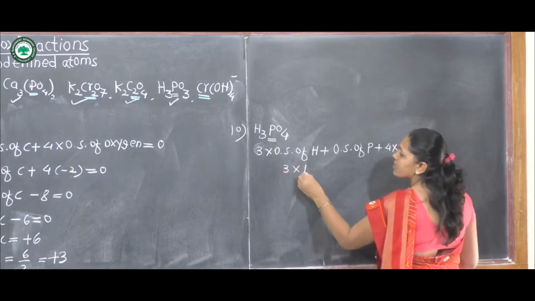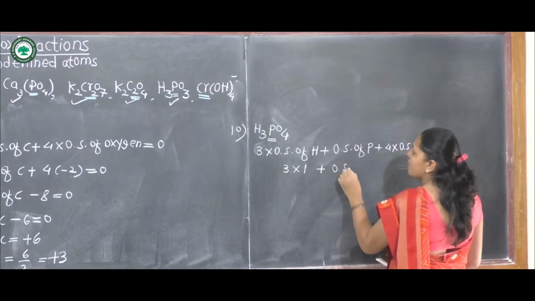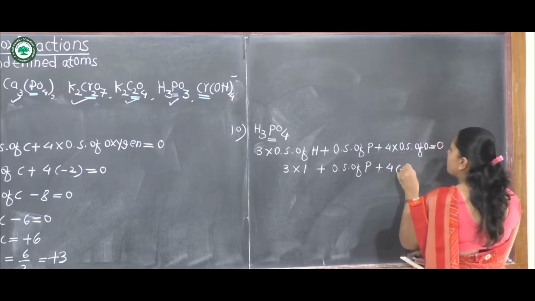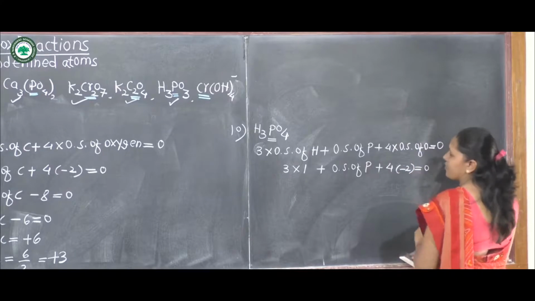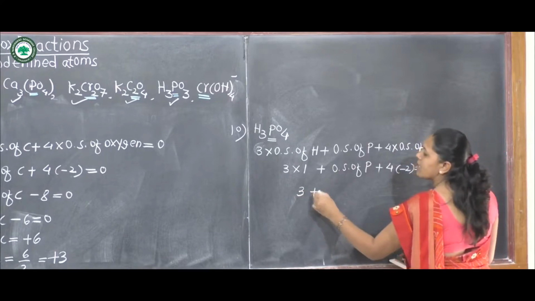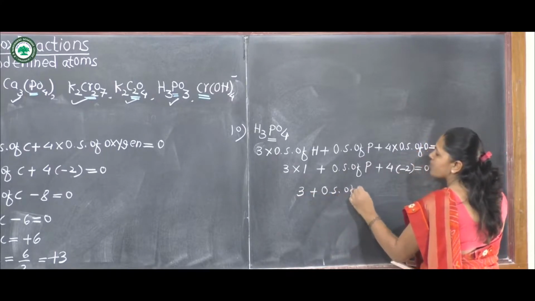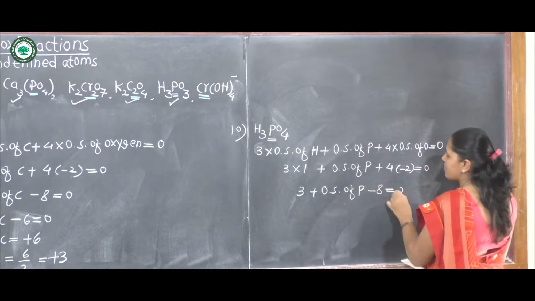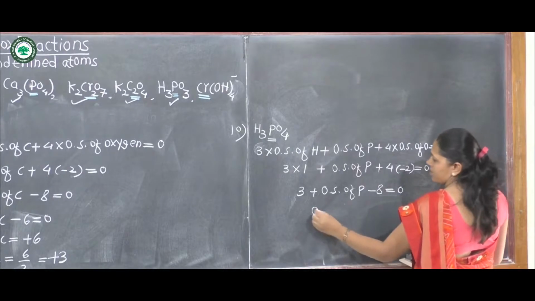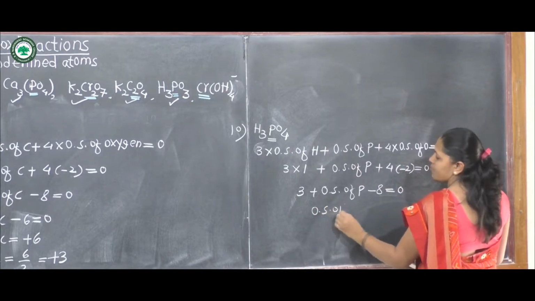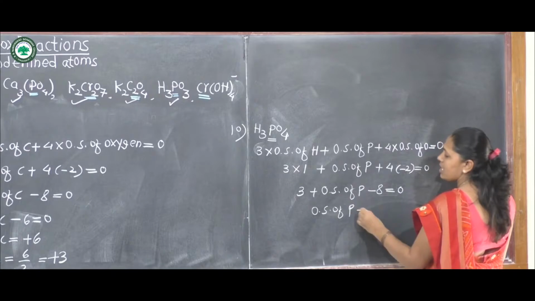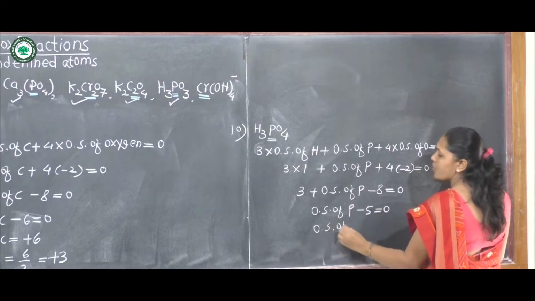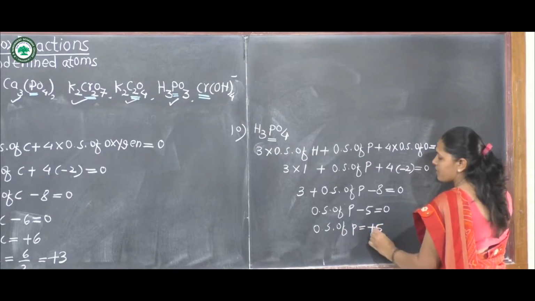Hydrogen +1, plus the oxidation state of phosphorus, plus 4 into -2, the oxidation state of oxygen. Then 3 plus the oxidation state of phosphorus, 4 multiplied by -2 is equal to -8, is equal to 0, and for the oxidation state of phosphorus, -8 plus 3 is -5, is equal to 0, and the oxidation state of phosphorus is equal to +5.